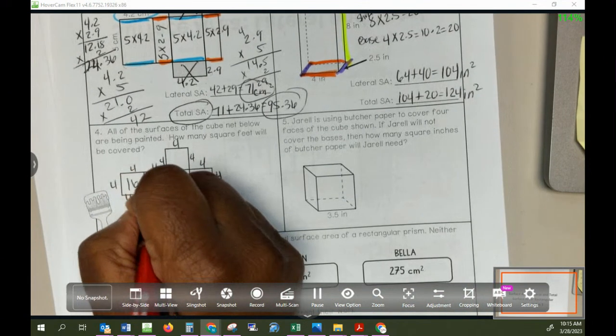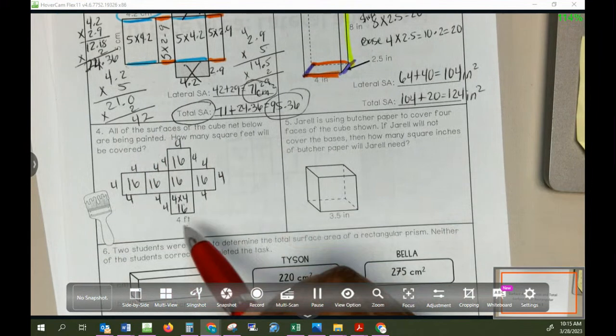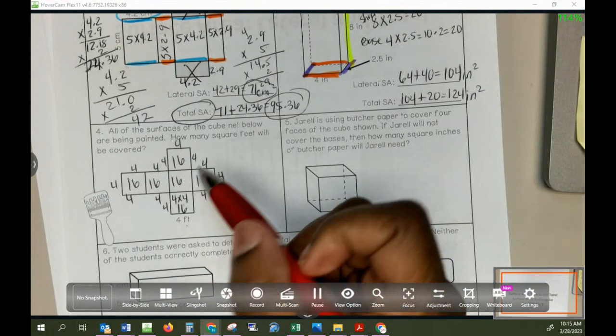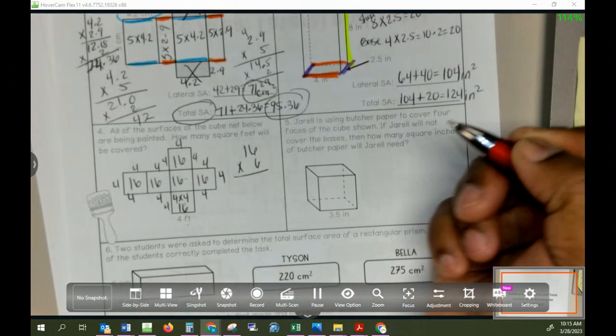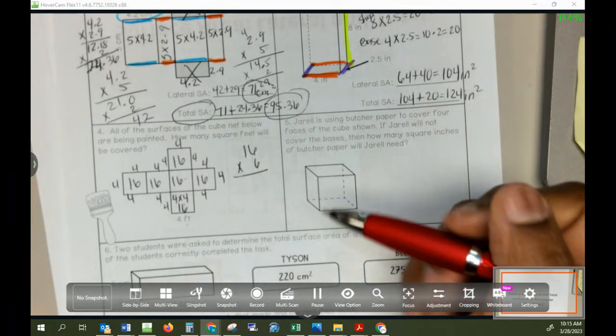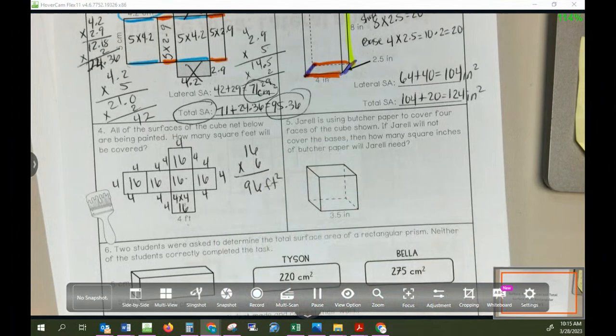So I'm just going to write 16 in each box. How many 16s is this? 1, 2, 3, 4, 5, 6. So 16 times 6 will give me my total surface area. 96 cubic feet.